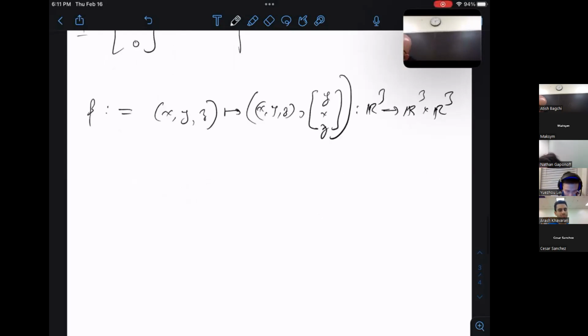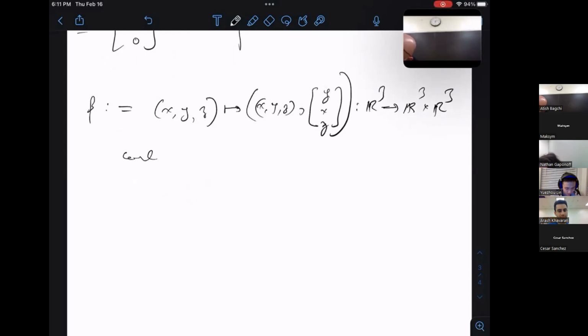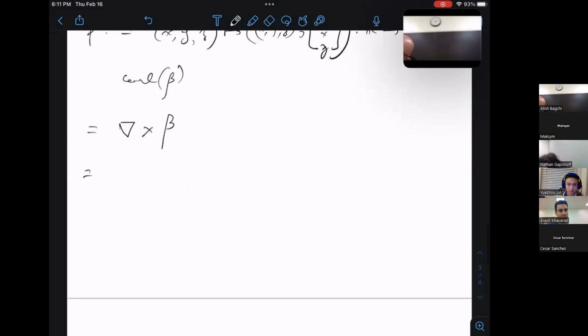Then the curl of beta is del cross beta, which is equal to, I have no recollection as to what notation I used in the notes.